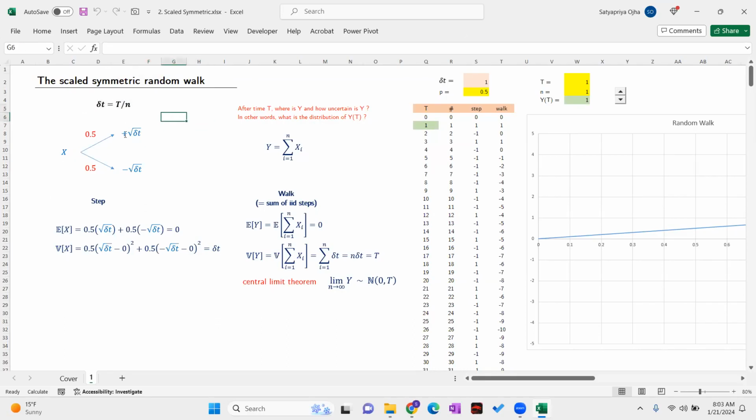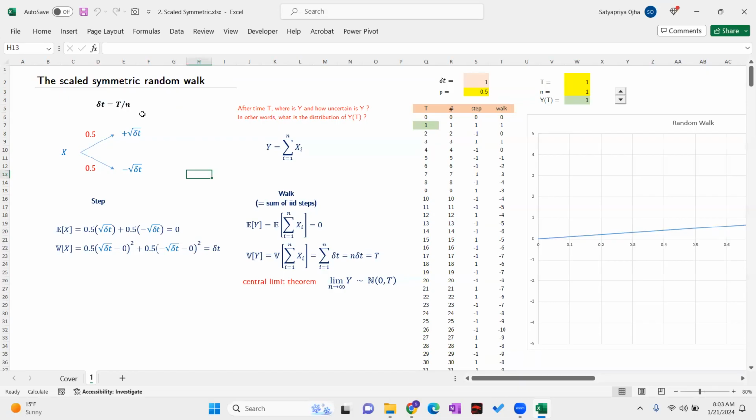Second, step size. Step size was +1, -1. I cannot retain that, because artificially it will blow up. Say you want to find out the distribution of stock price after 1 year, fine, I will take 200 steps. If each step has a +1 or -1 step size, the process would easily blow up.